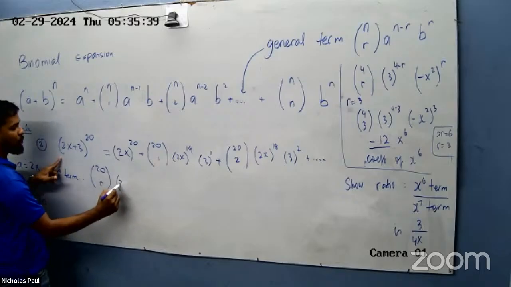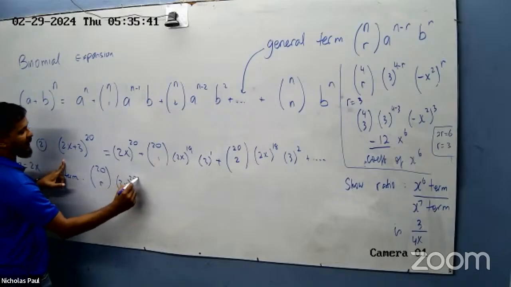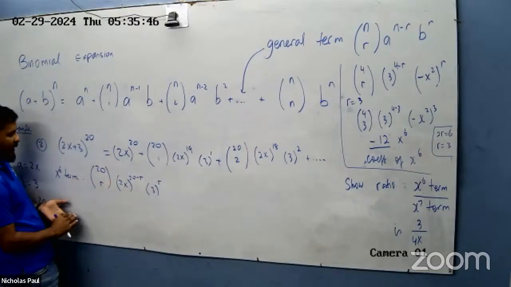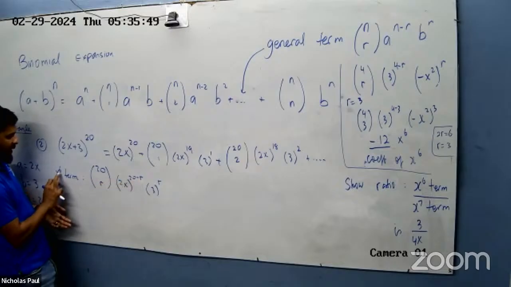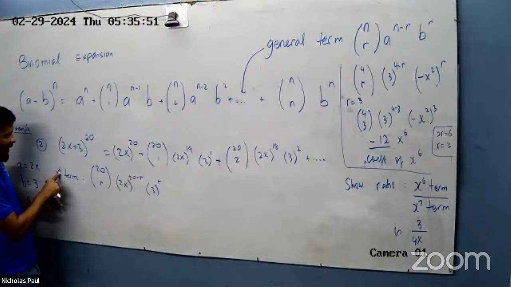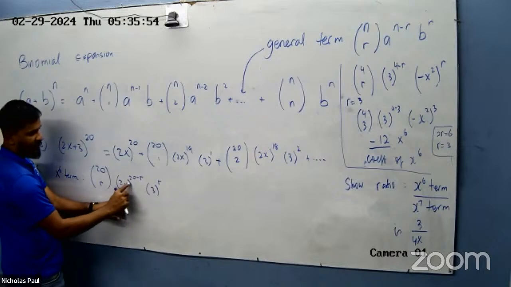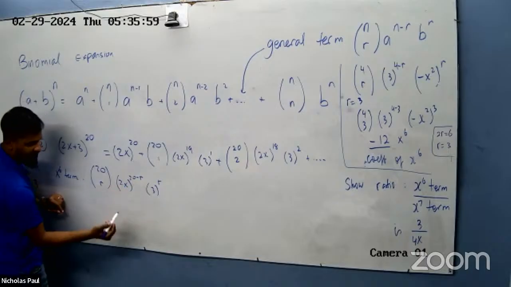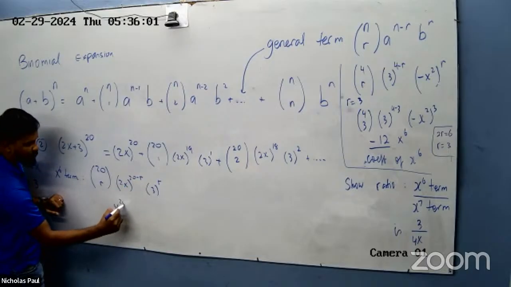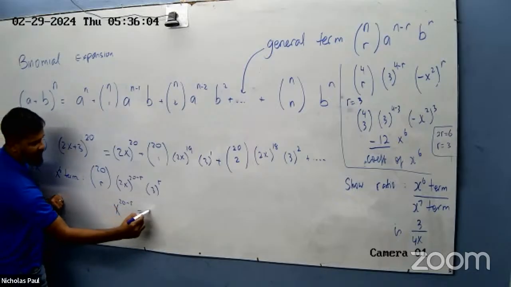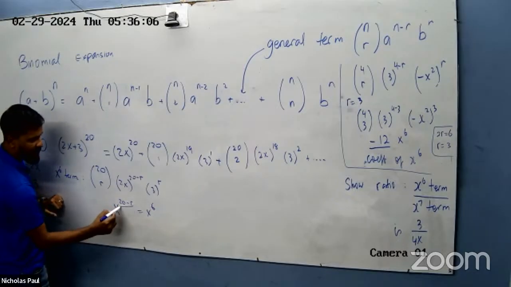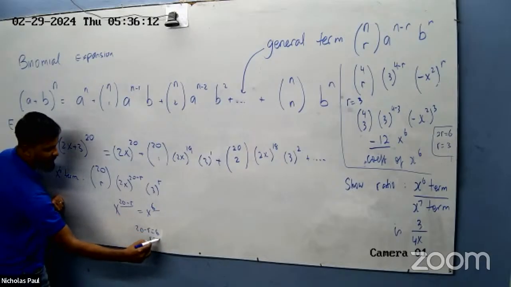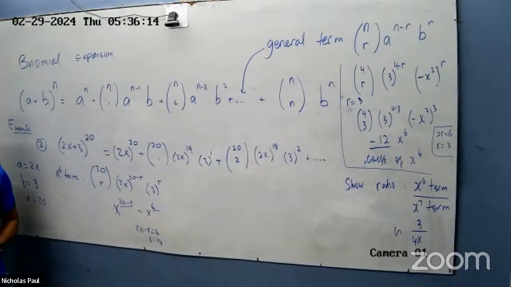A is 2x to the 20 minus R and 3 to the R. So what value for R will give me 6? Right? This power here has to be 6. That's okay? So for this power to be 6, it has to be x to the 20 minus R. This has to give me x to the 6. So it means that 20 minus R is 6.